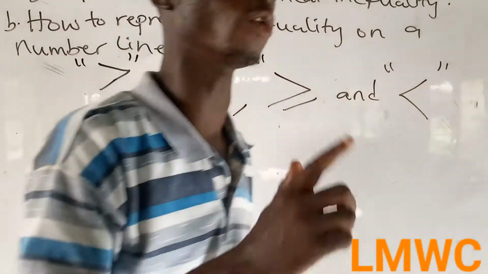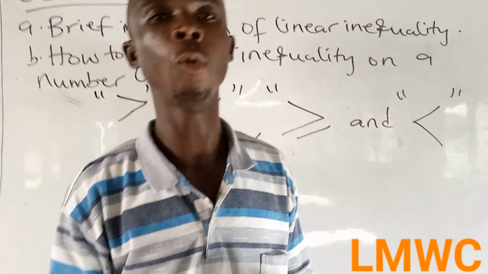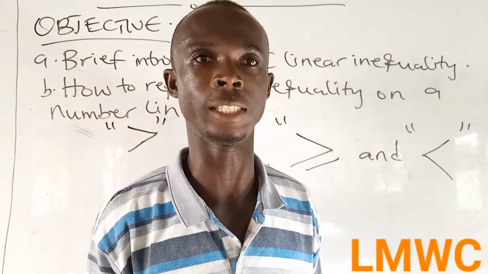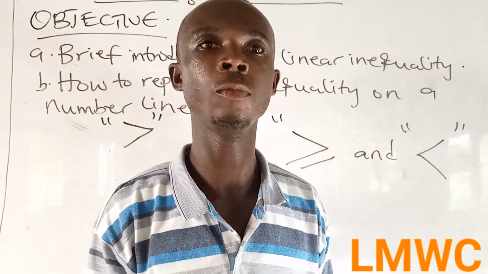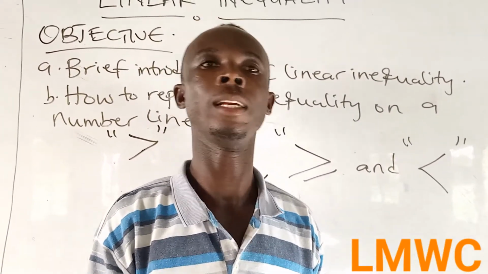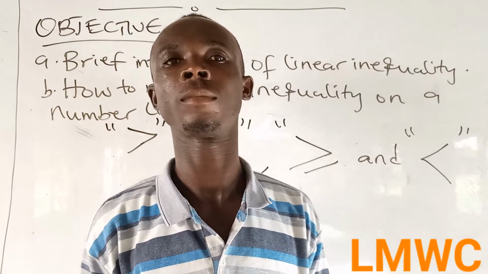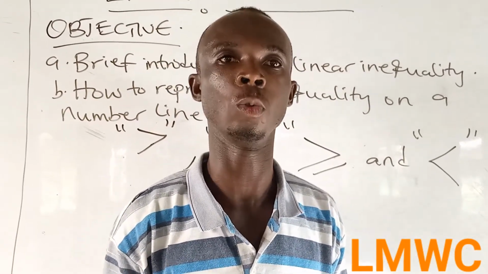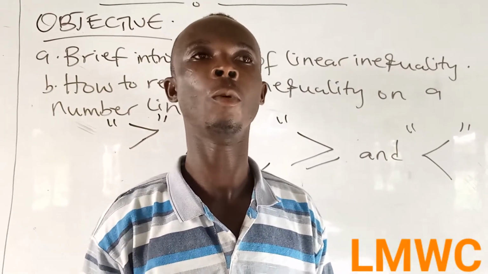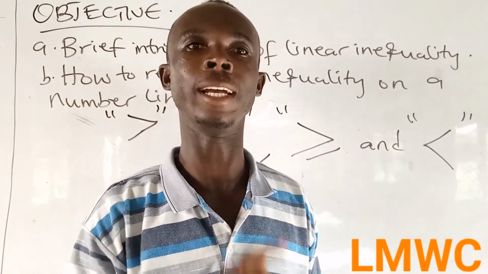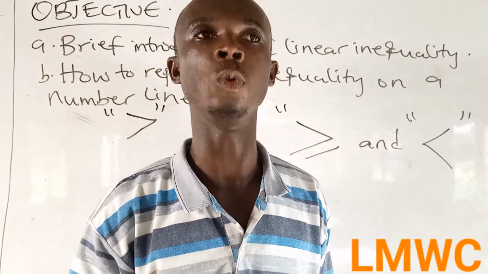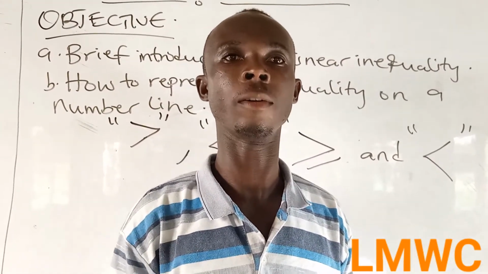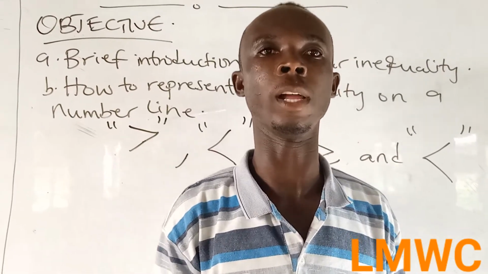But always take note that if the coefficient of the variable is negative, the symbol will change. This means once they give you greater than in the question, greater than will change to less than. Greater than or equal to will change to less than or equal to. That's the main clue you should have under linear inequality.